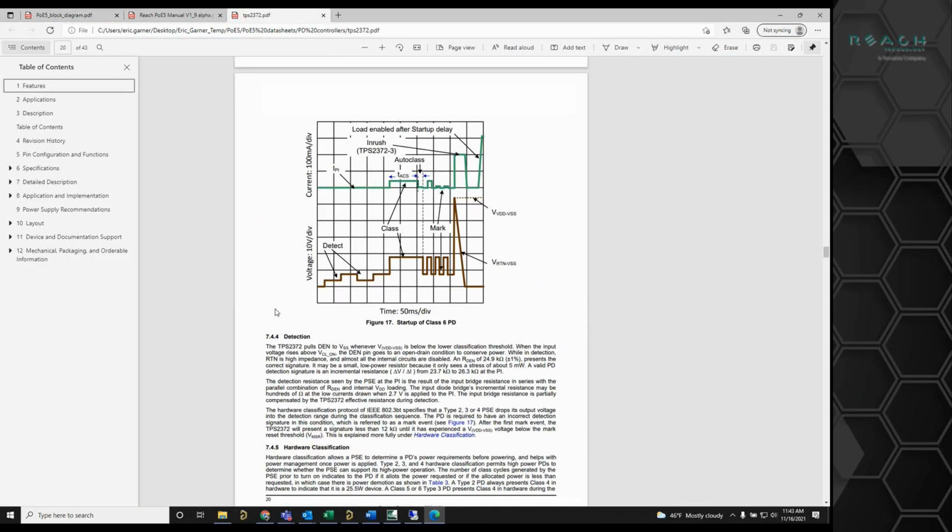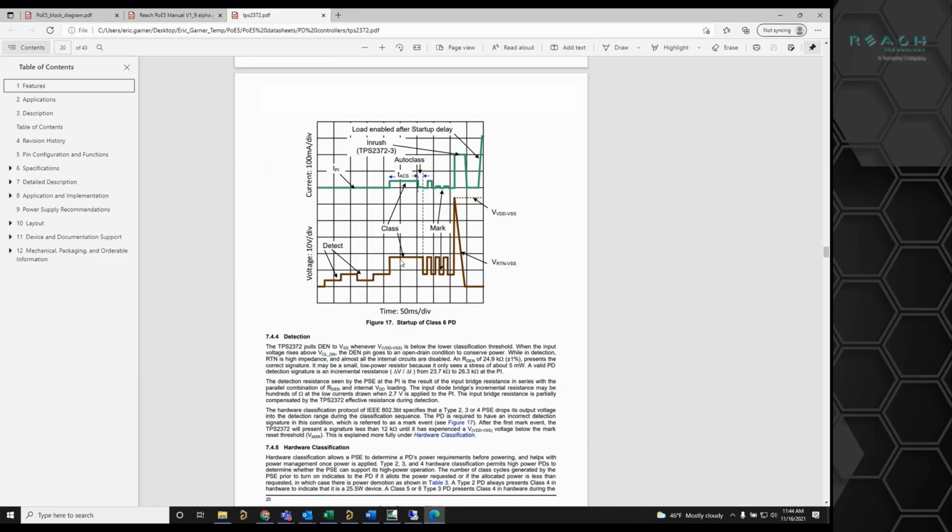Usually when you connect a PD device to a PSC, you have the initial voltage detection where the PSC goes through and looks for the 25 kilo ohm signature to say, hey, there's a PD at the end of this pair, and then it goes through detection of what class the device is, so how much power it wants to have.